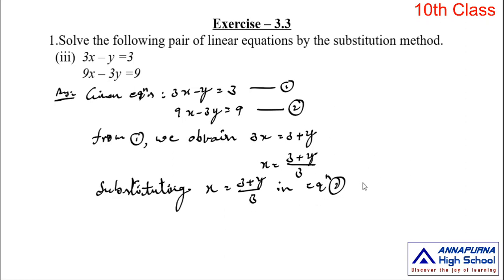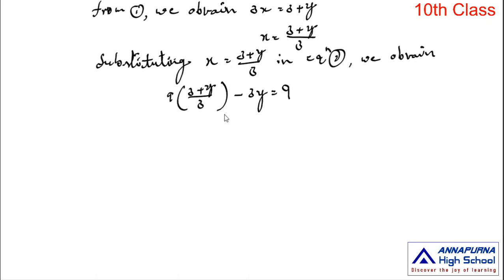Okay, we obtain, here the second equation is 9 into x minus 3y is equal to 9. So 9 into 3 plus y by 3 minus 3y is equal to 9. Now simplify this.